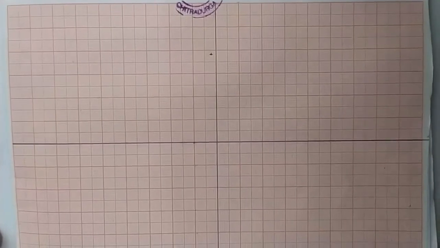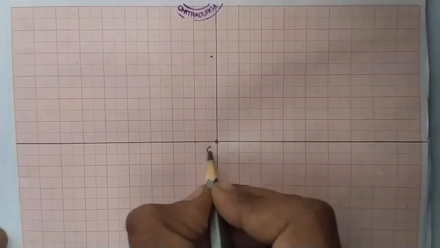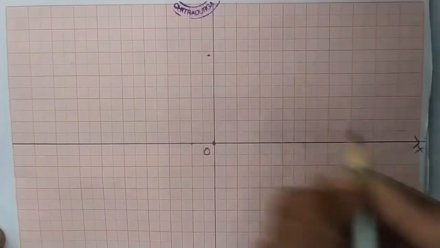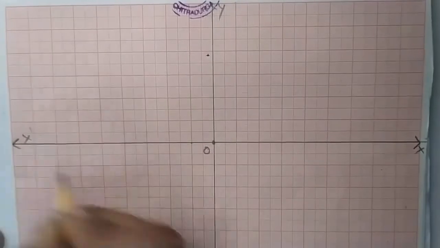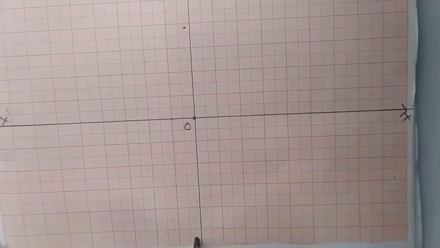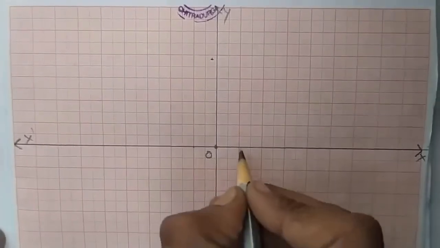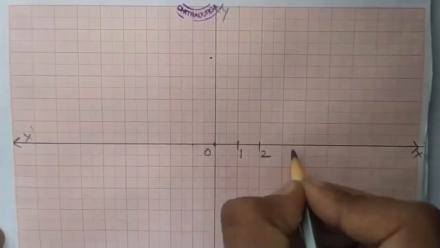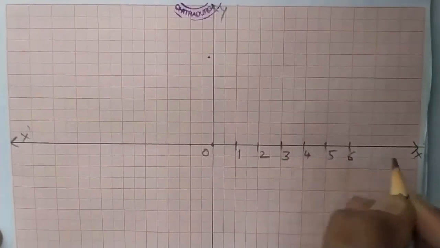Let us draw a graph for this function, the Signum function. It is the origin, the x-axis and the y-axis, the negative x-axis and the negative y-axis. Let us take the values on the x-axis 0, 1, 2, 3, 4, 5, 6, and so on.